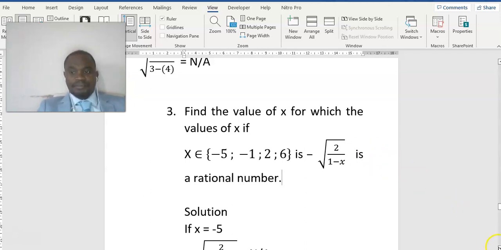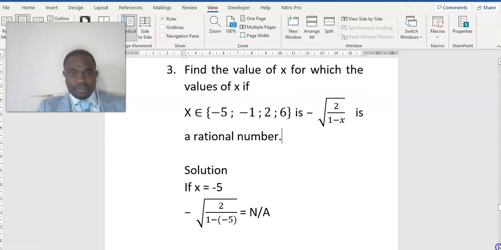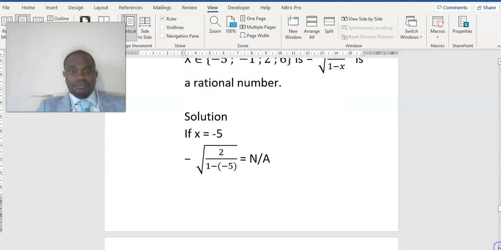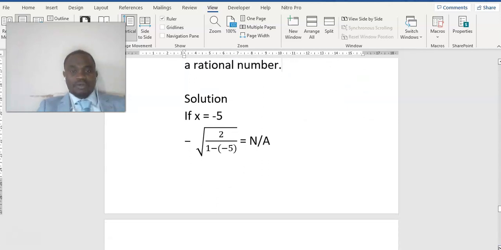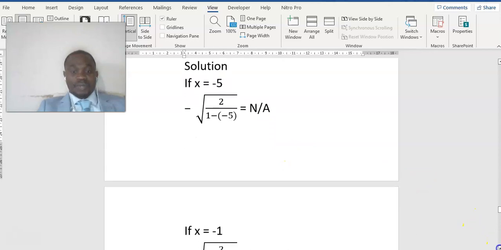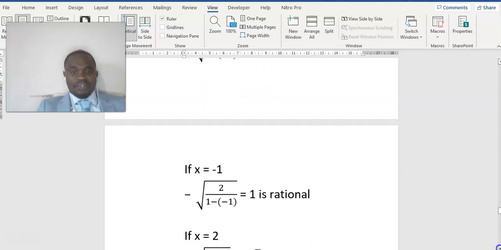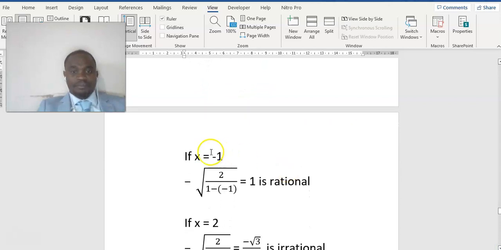So here you have your x is equal to -5. Substitute, it's also going to give you a number which is not applicable. Press it and see. Then if I try with -1, you substitute into it. When I press this, I'm going to get 1, so it's a rational number.